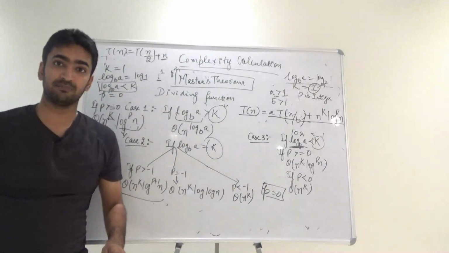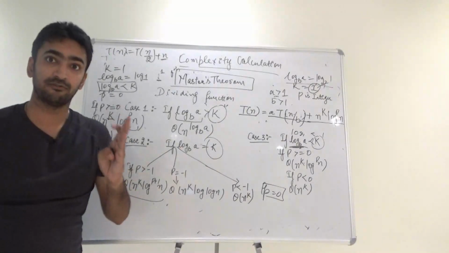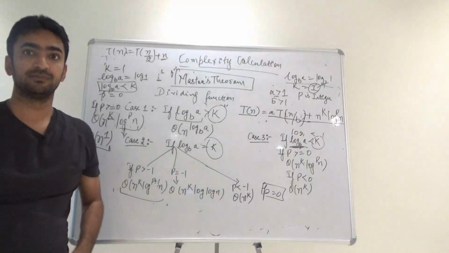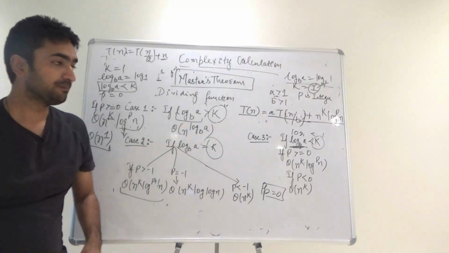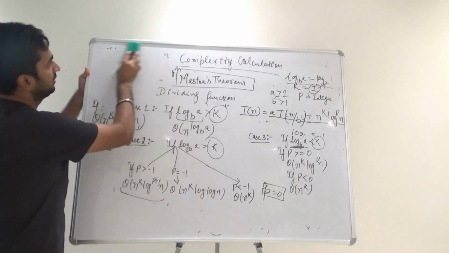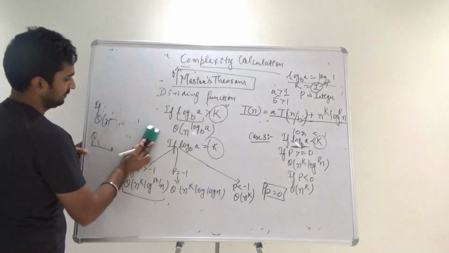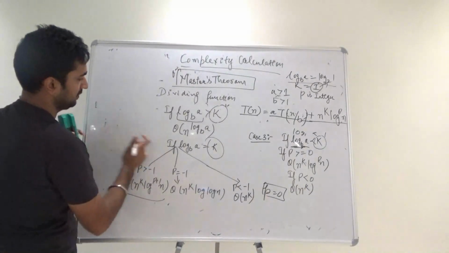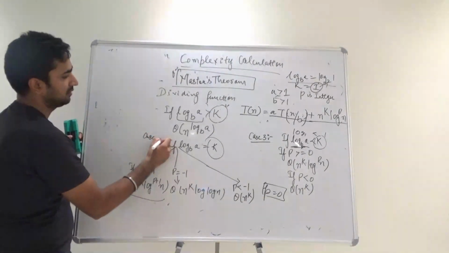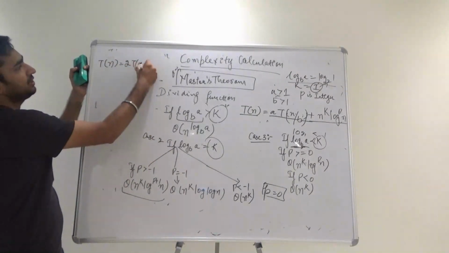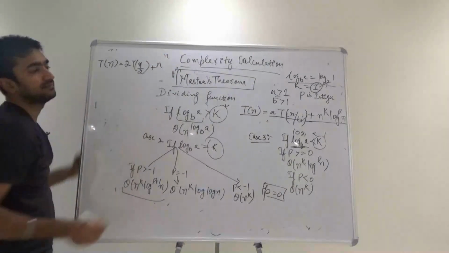So this all depends upon the value of k, the value of p, and obviously the values of a and b. Hopefully this is clear. We can get another kind of question: T of n as 2T(n/2) plus n.